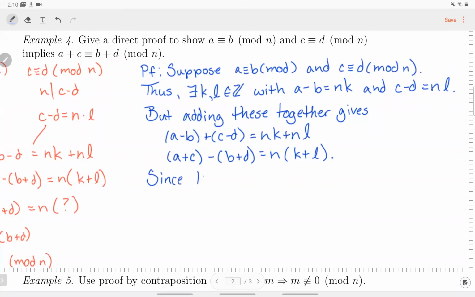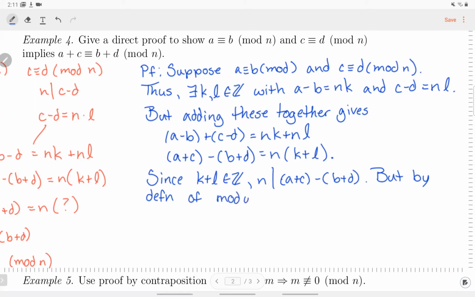Since K plus L is an integer, N divides A plus C minus B plus D. But by definition of modulo, A plus C is congruent to B plus D mod N.